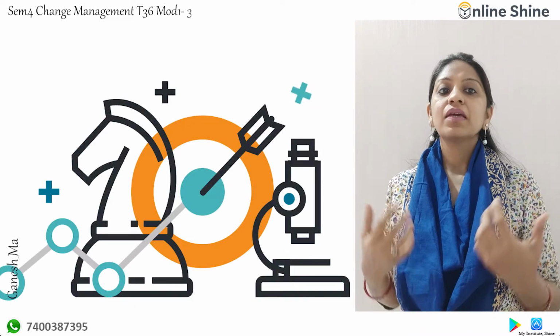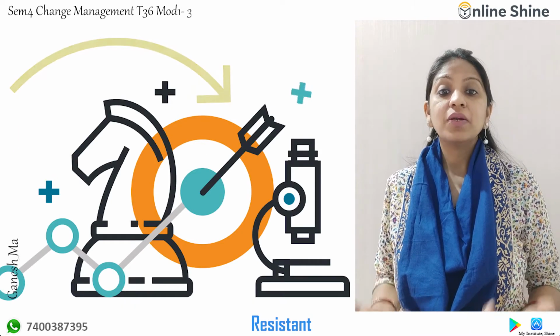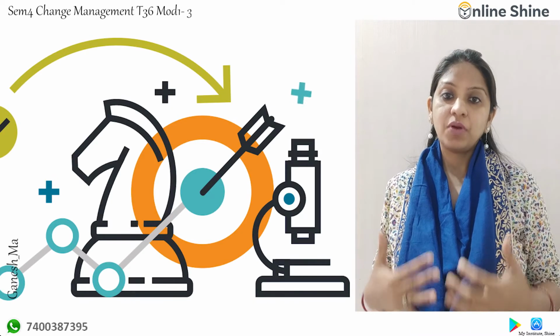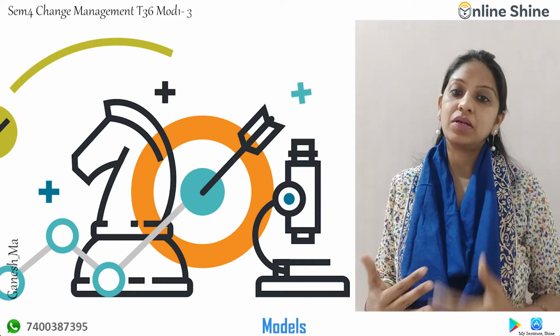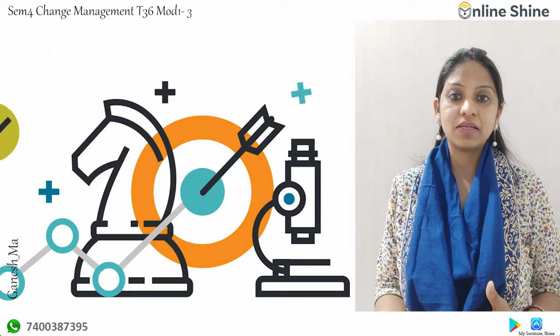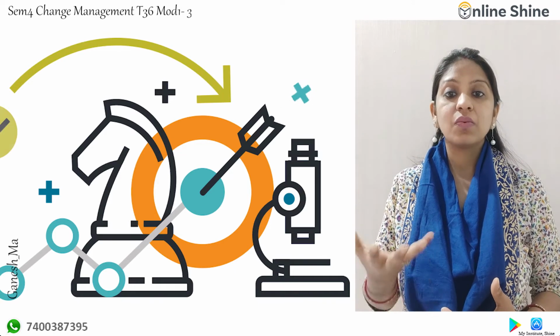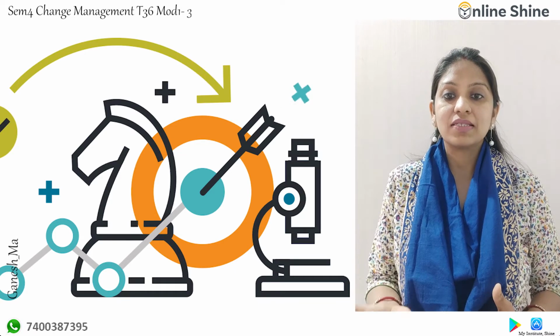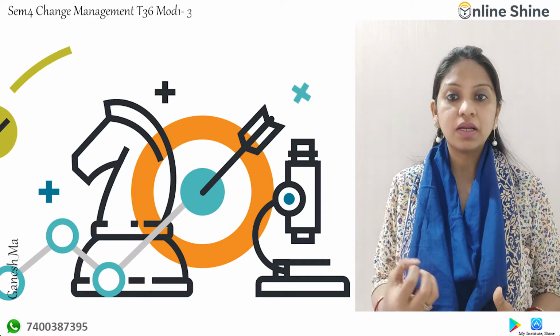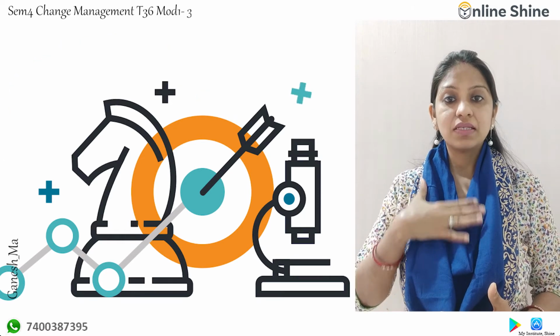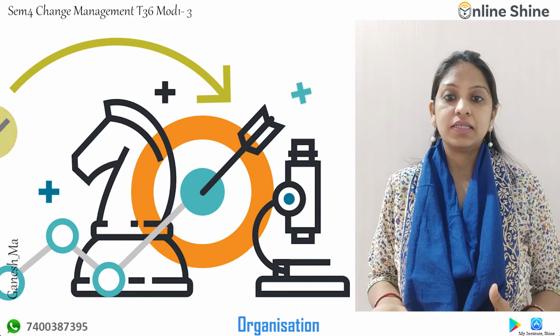Yes, there may be resistance to change, and to understand this change process, we have different models which we have already discussed. Just in conclusion, we'll see what these models want to tell us about the change process we should implement as an individual or as an organization.